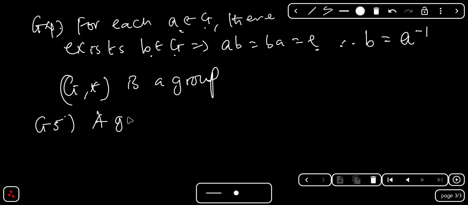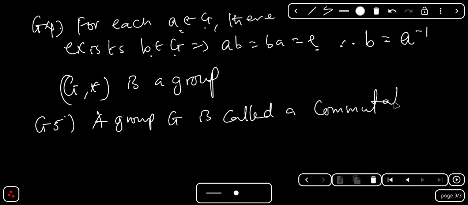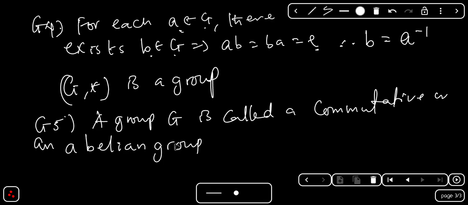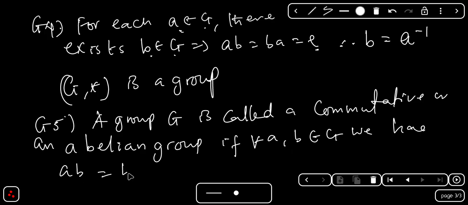So we say a group G is called a commutative or an abelian group if the commutative property is satisfied, that is, if for all A, B in G, we have AB is equal to BA. Then we say that algebraic structure is an abelian group or a commutative group.